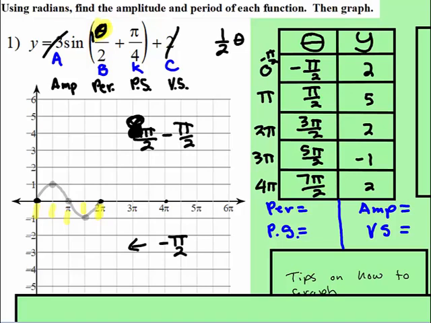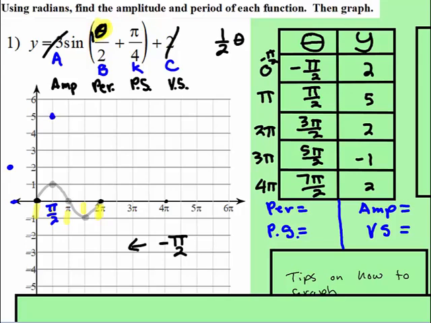So guess what? We have all of our coordinate points, and we can go ahead and plot. Change it to a different color. So at negative pi halves, if this is pi halves, right about here is negative pi halves, we're up there at 2. And then at positive pi halves, right there, we're up there at 5.